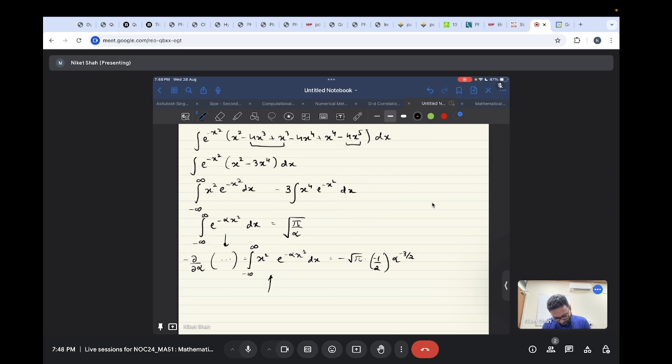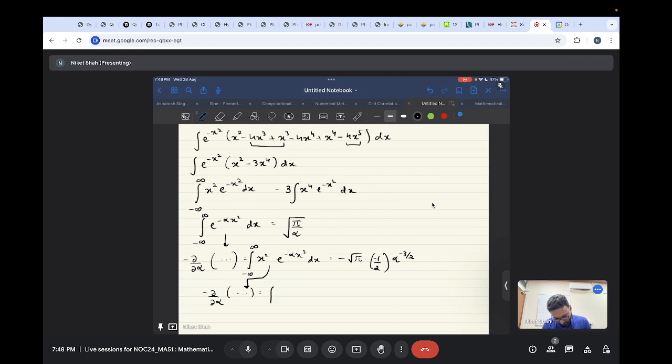And now I'll differentiate this again with respect to alpha. So minus del by del alpha into this thing gives me what?